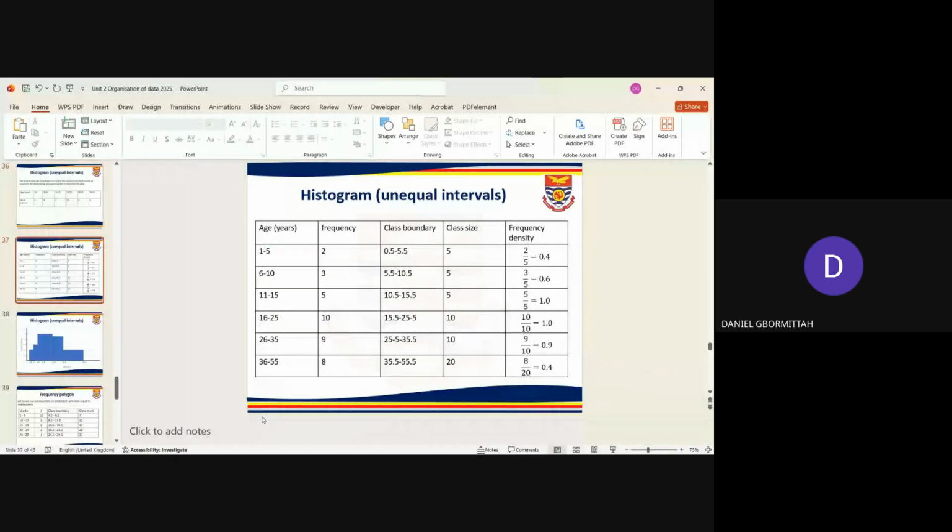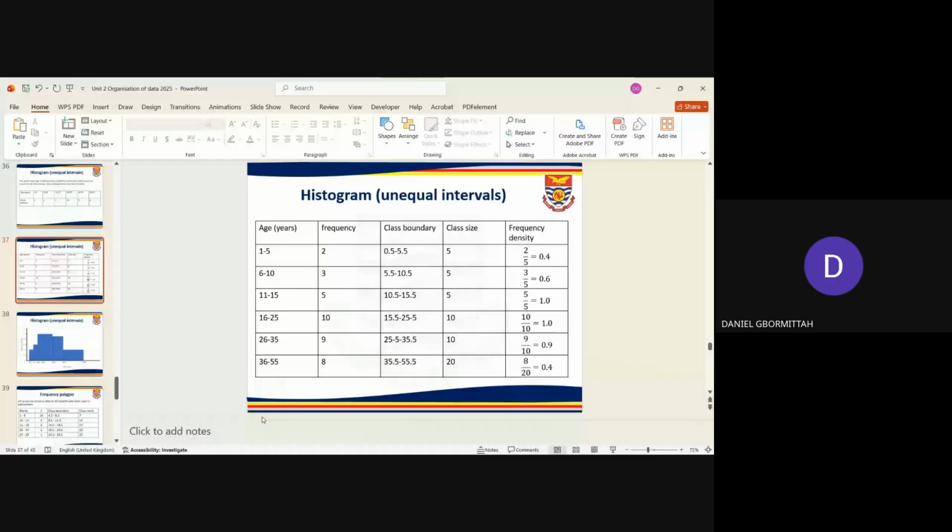We need again to get the class boundaries, and then the class size. When we get the class size, we compute what we call frequency density. That is each of the frequencies divided by its corresponding class size.